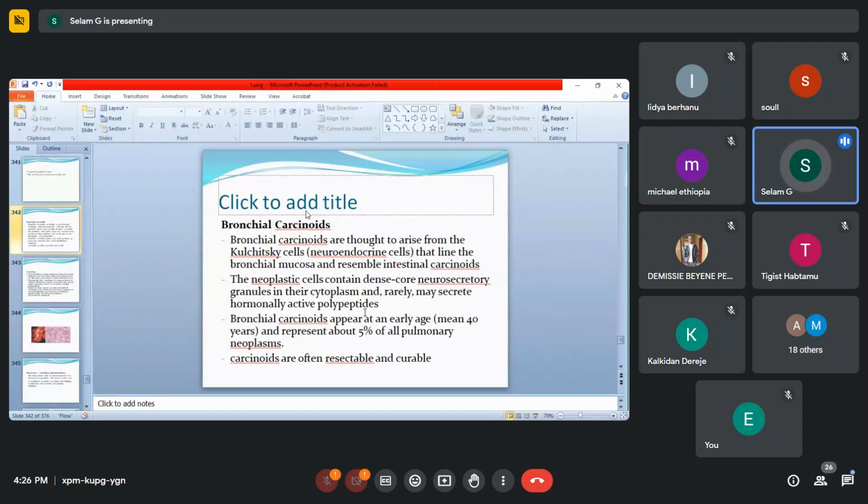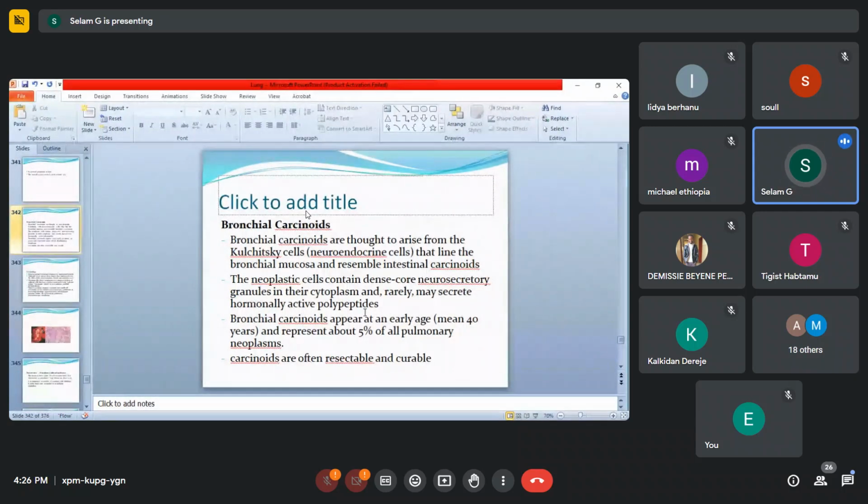The other group of malignancies you may encounter are bronchial carcinoid or bronchial neuroendocrine tumors. Bronchial carcinoids are thought to arise from the Kulchitsky cells or neuroendocrine cells that line the bronchial mucosa, and resemble intestinal carcinoids.